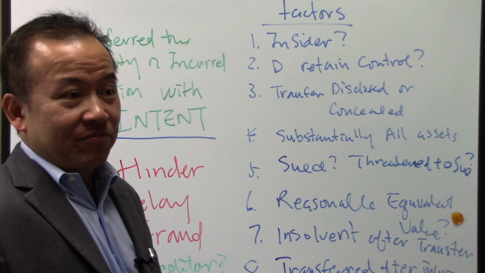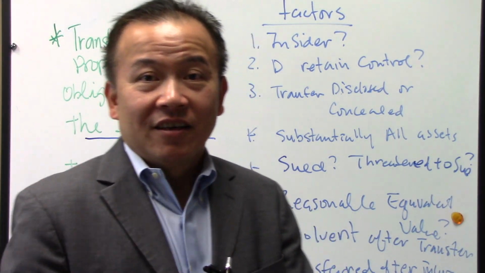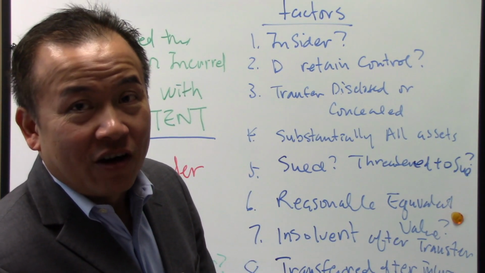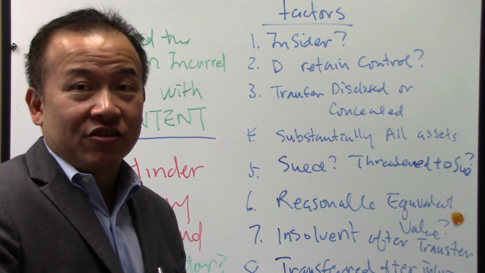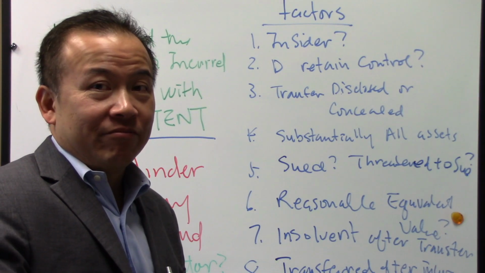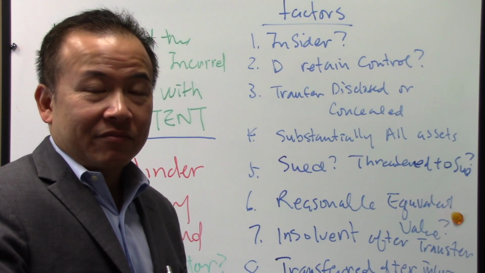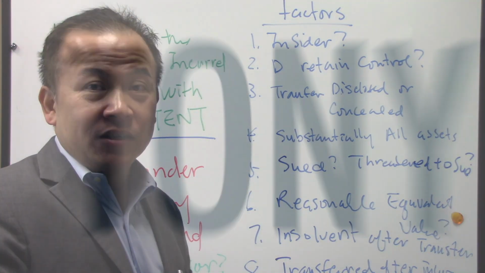So if you want to plan ahead, after you are aware of any lawsuit, or potential claim or potential lawsuit, it's probably going to be very difficult for you to save that property.